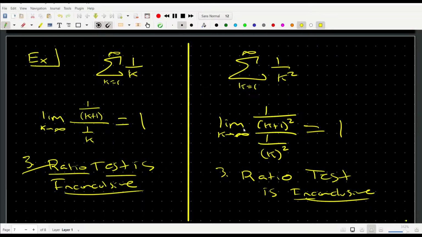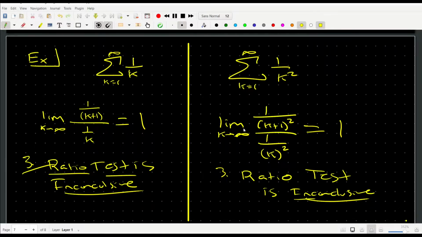For the second part of the lecture, I want to start by going over another very useful test called the root test, which luckily is based on a very similar idea to the ratio test.